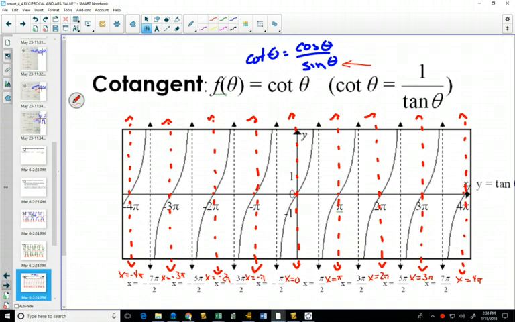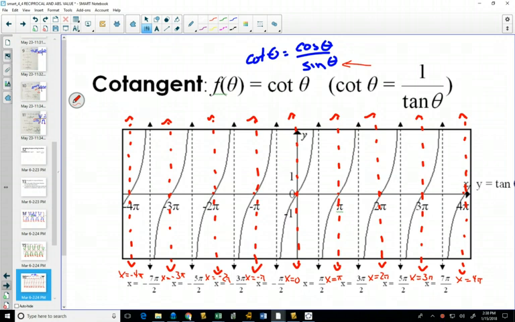Here is where things get a little bit different. Because normally, if you were graphing 1 over tan, you would look at the graph and say this graph goes up forever and down forever. So what would that mean? That would mean you would draw an asymptote at y equals 0. But on the cotangent graph, there isn't an asymptote at y equals 0.